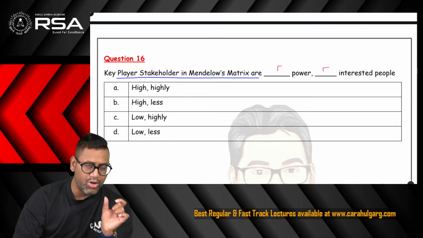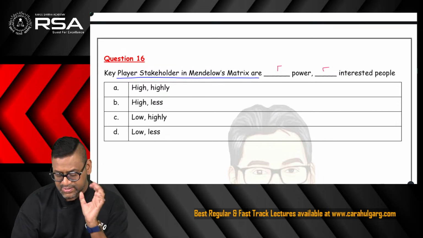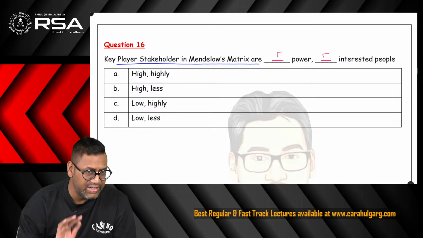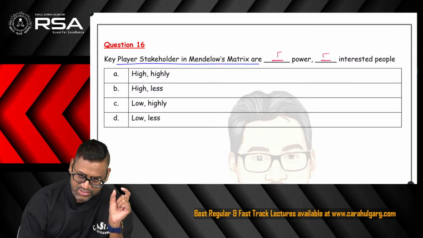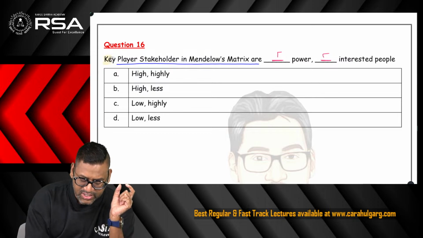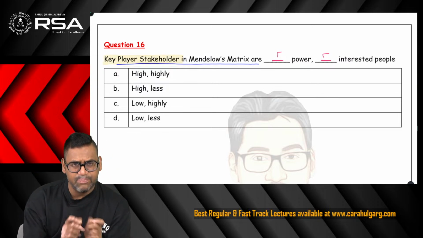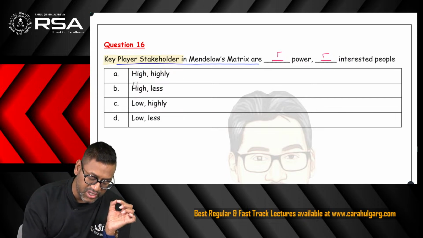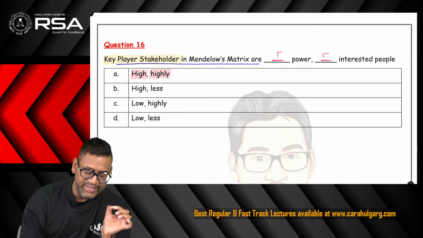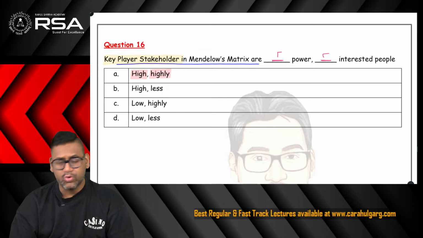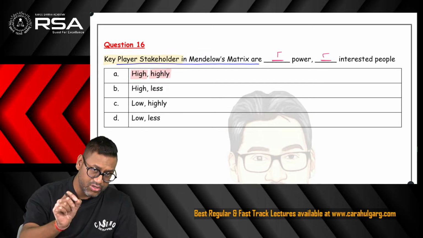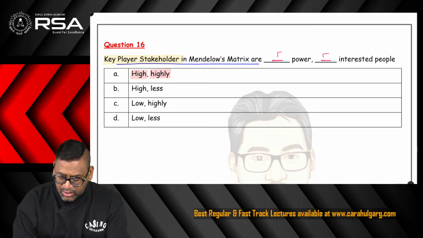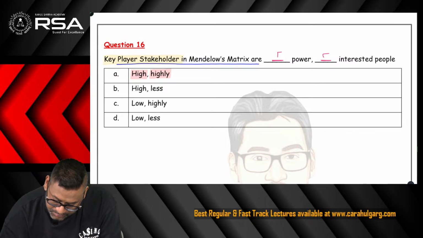Out of that, one quadrant is key player stakeholder. The name itself says key player, meaning these are the key players. You cannot ignore them, and the people you cannot ignore definitely have high power and are highly interested. So we are talking about the stakeholders, shareholders, CEOs, board of directors, etc. These people come under this particular quadrant, child.